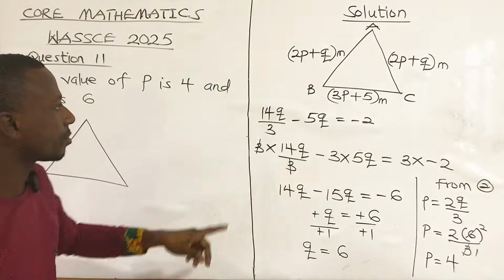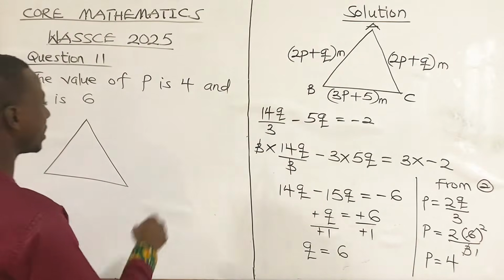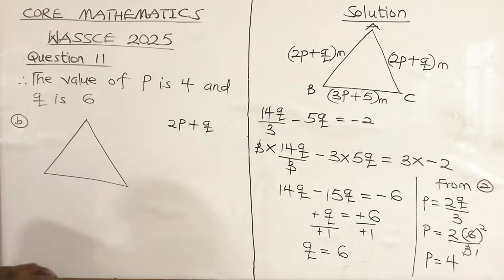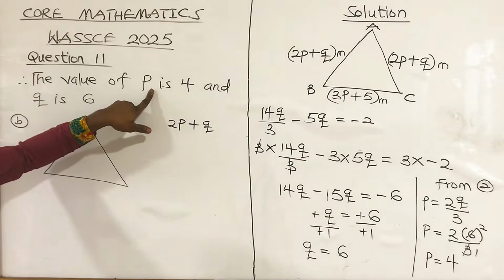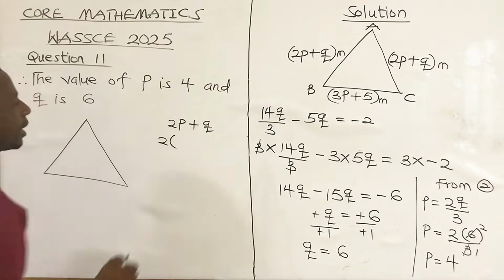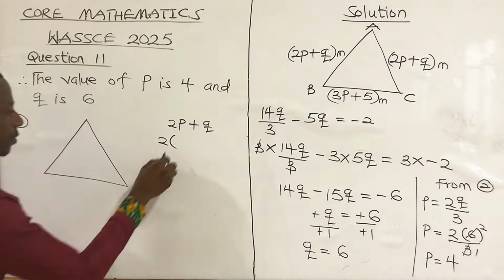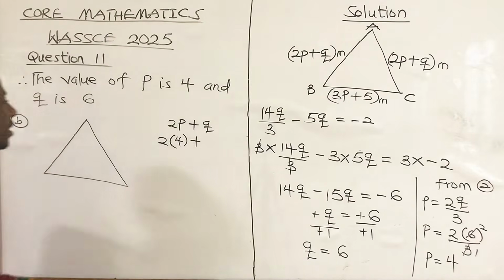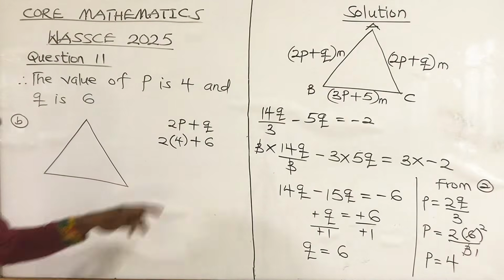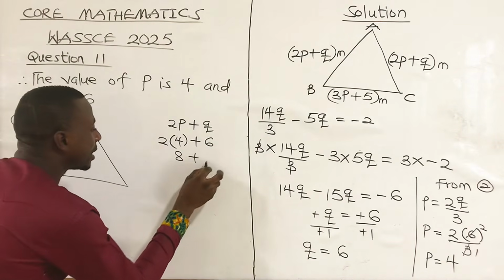So from here, if I want this distance, which is 2P plus Q, I'm going to substitute the value of P and the value of Q. So I have 2 multiplying P, which is 4, plus Q, which is 6. 2 times 4, I have 8 plus 6.